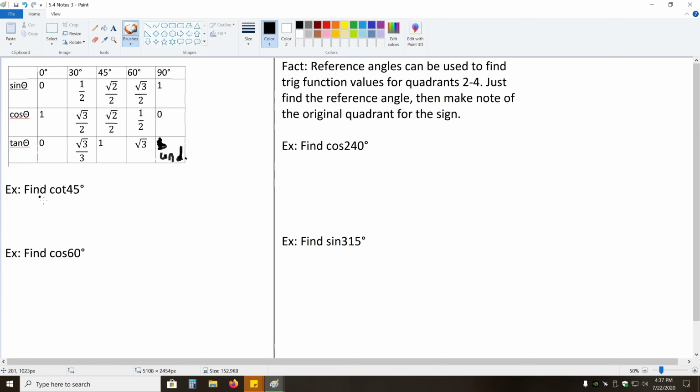So what if we wanted to find cotangent of 45 degrees? Well, using this chart and the cofunction identities, remember we said cotangent of 45 is the same thing as tangent of 45, and tangent of 45 is equal to 1, so cotangent of 45 degrees is just 1.